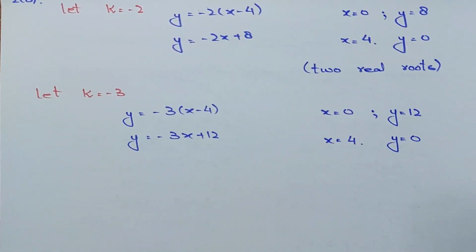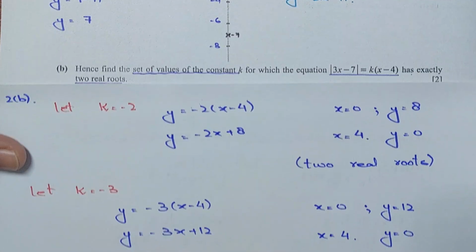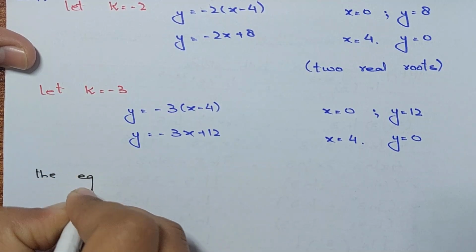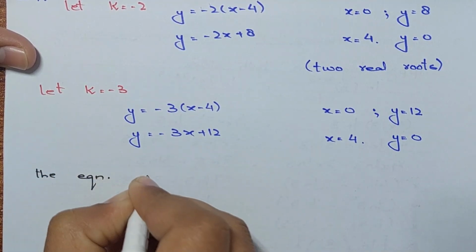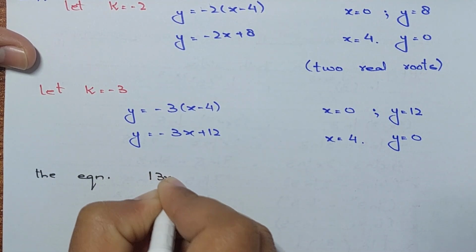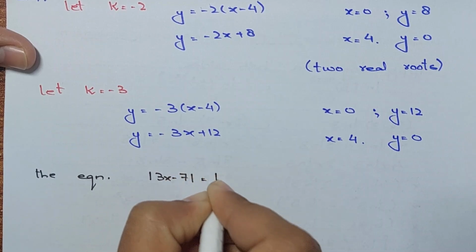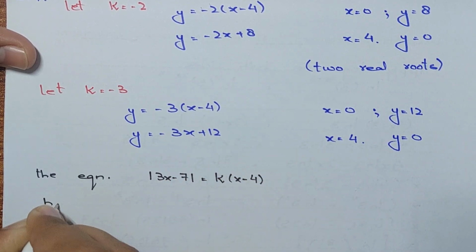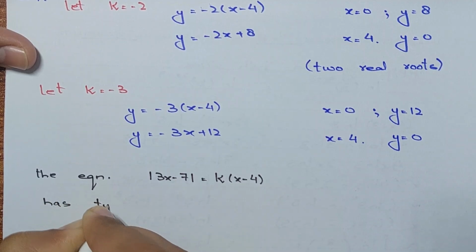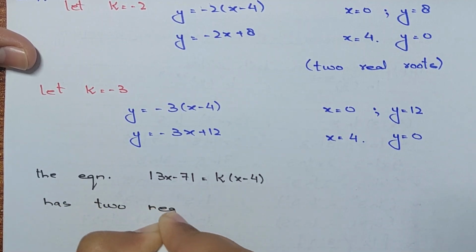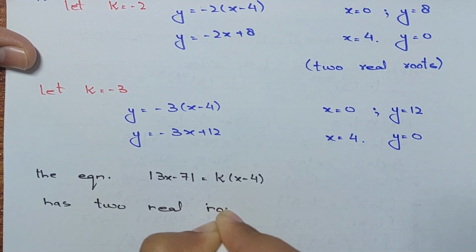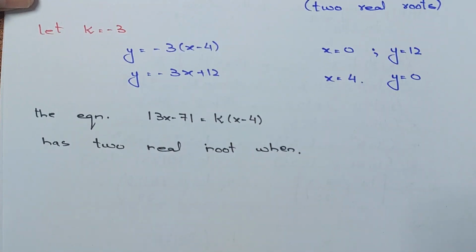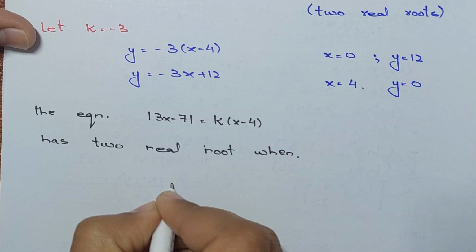So here we can say the equation absolute value of 3x minus 7 equals k times x minus 4 has two real roots when the value of k is between 0 and negative 3.